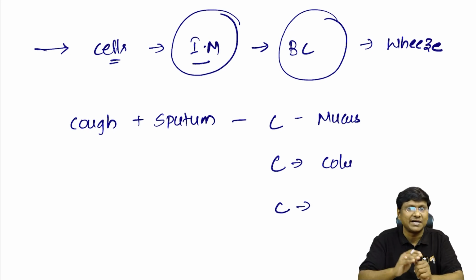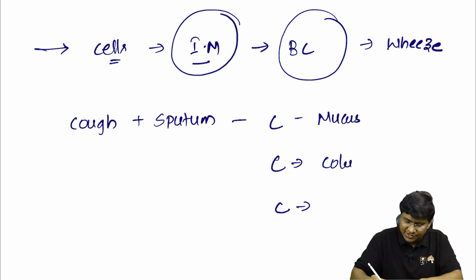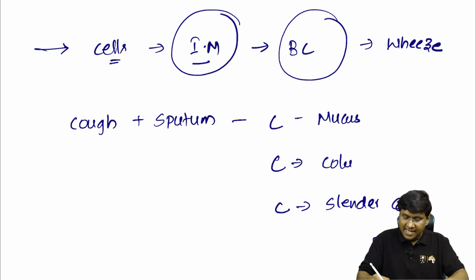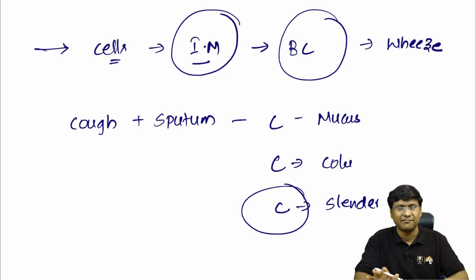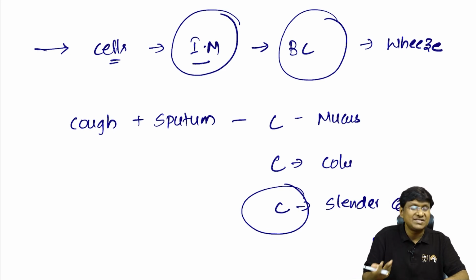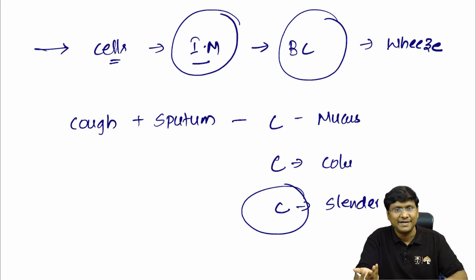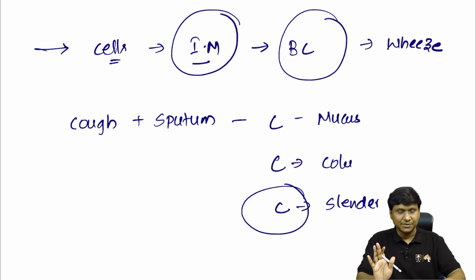And next are the Charcot-Leyden crystals. These are slender and pointed, and their presence is suggestive of eosinophilic inflammation, right? These Charcot-Leyden crystals are also present in certain parasitic infections like Entamoeba histolytica. So this is about the sputum in patients with bronchial asthma.